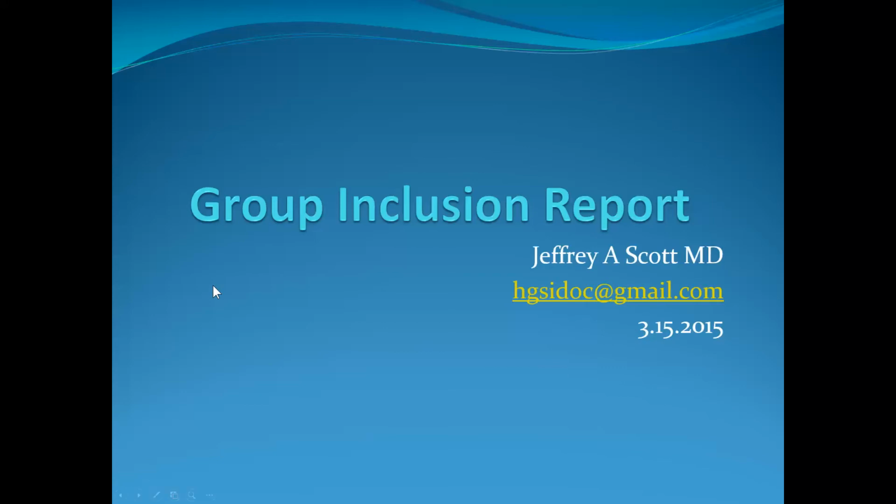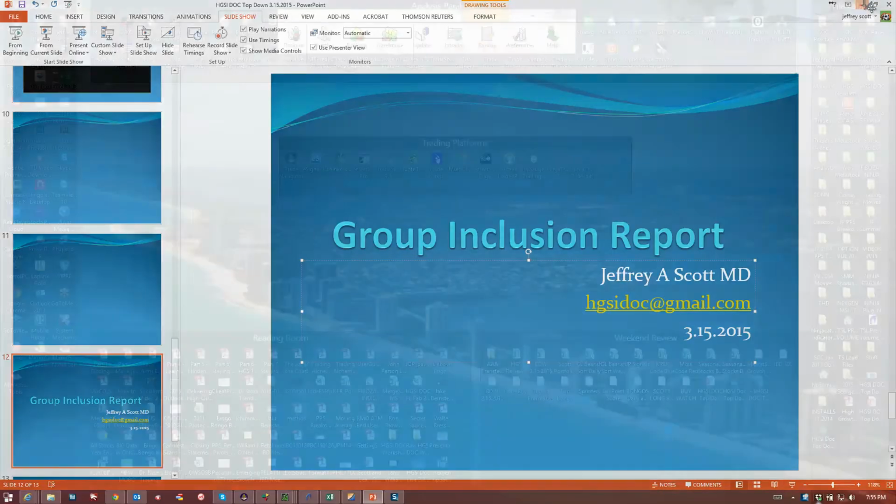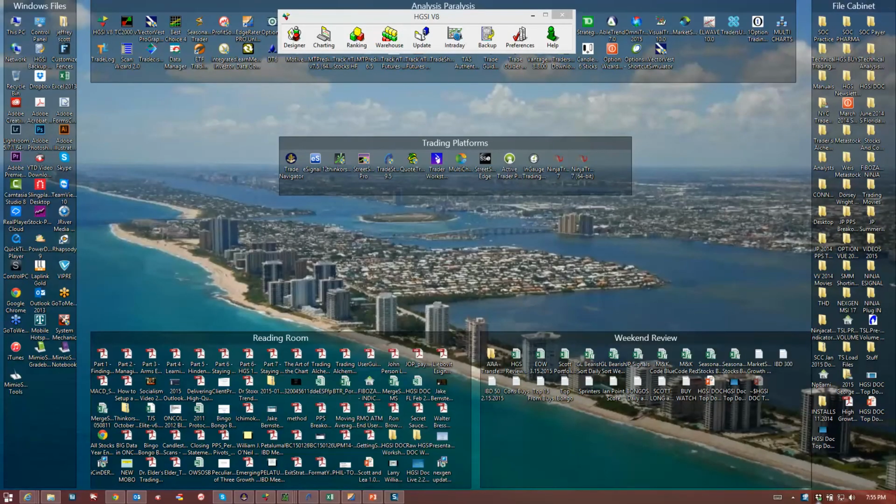The purpose of the group inclusion report is to reduce some of the time that I might take in doing my analysis. For example, if I believe I have a number of lists that contain great stocks, then it's possible that a stock that makes it to a large number of those lists might be a stock that's worth looking at.